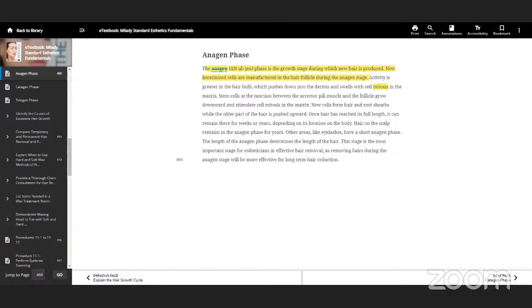That's going to be good for you because this person is going to be able to come back within 14 to 21 days because their hair is going to grow more rapidly.